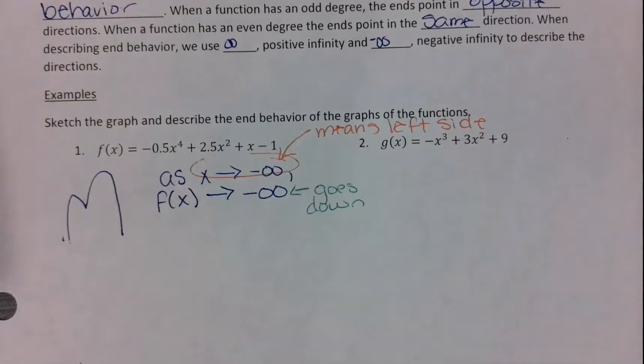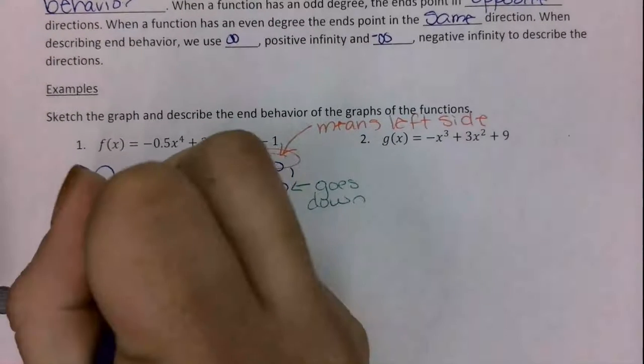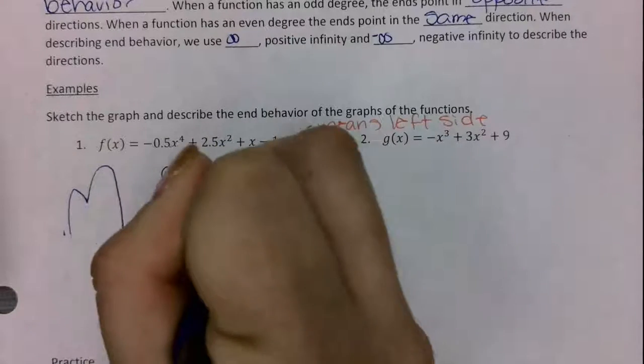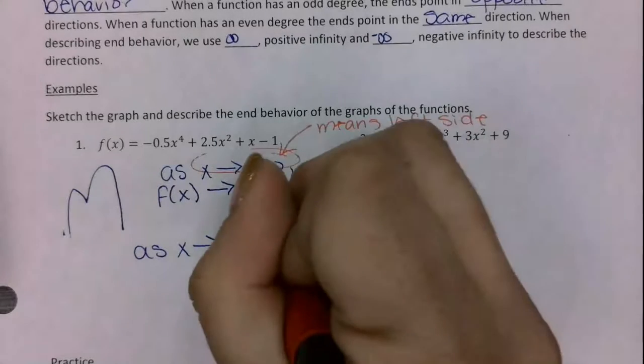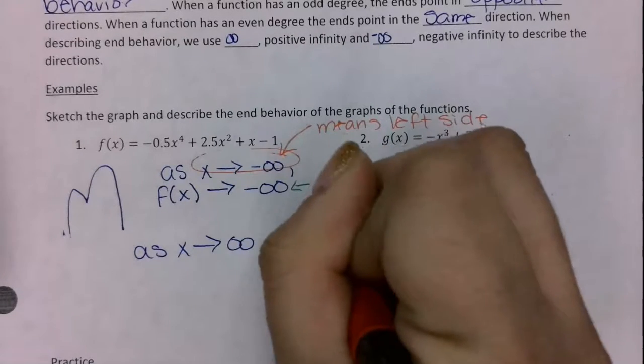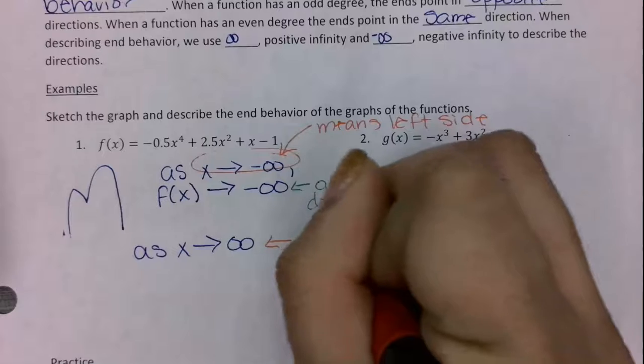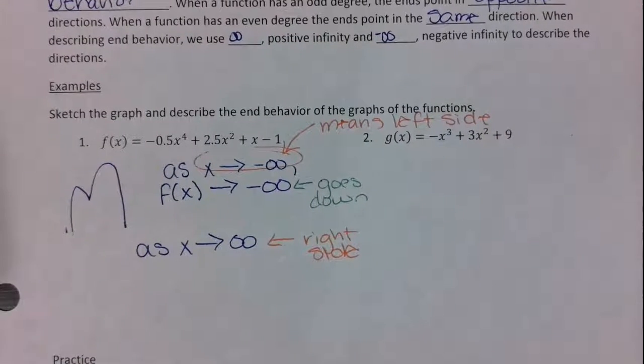It's kind of like what you were doing yesterday, but instead of writing words, I'm using math notation. Okay. Then I need to talk about the right side. So I'm going to write as x goes to positive infinity, what happens to the graph?